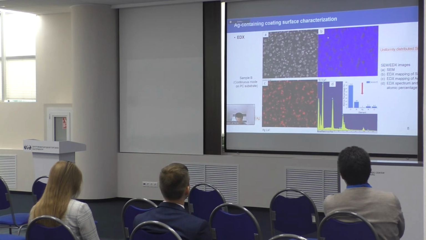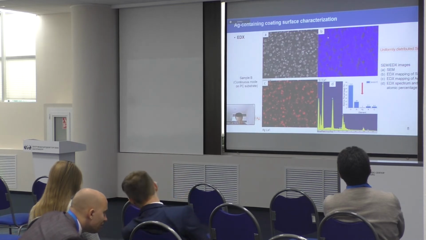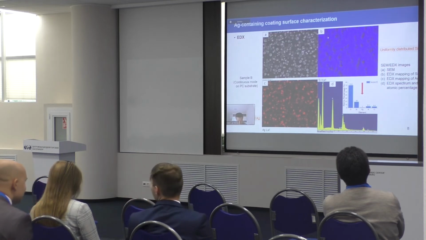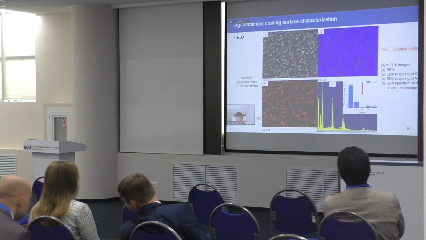And when we check the EDX map of silver, we can see the silver is scattered, mostly located in the spherical structures. The observed area also shows 1% of silver in the coating.